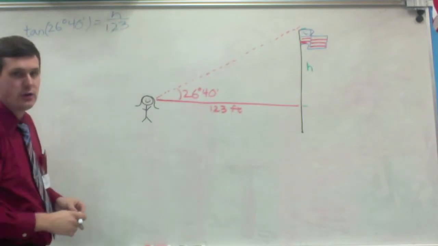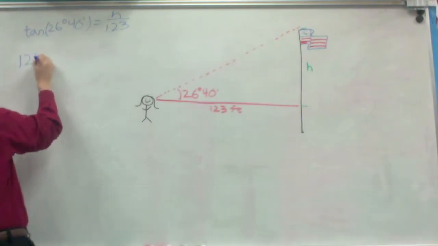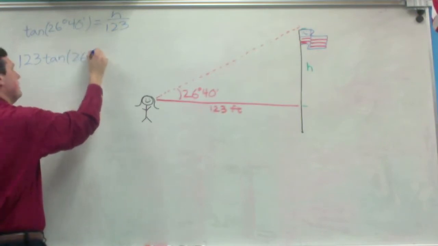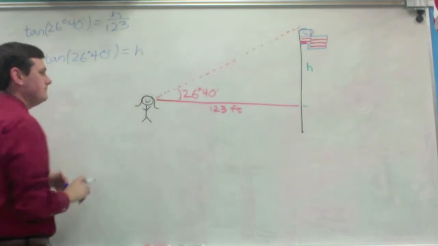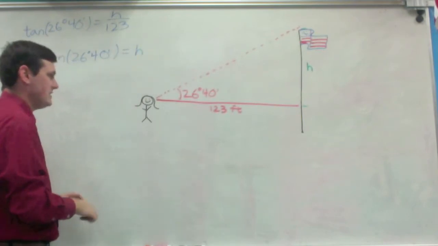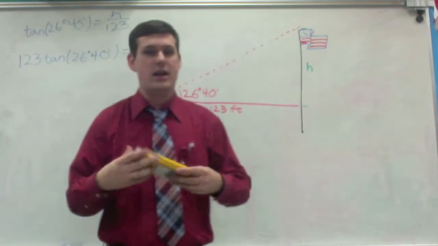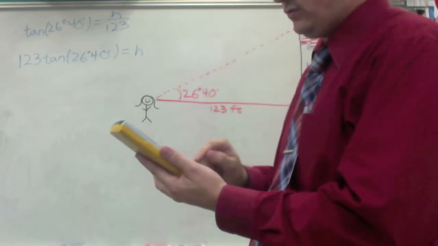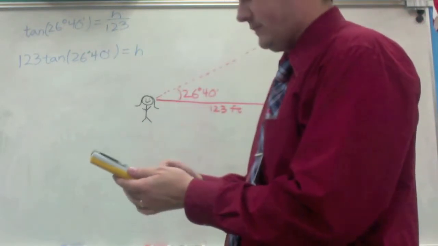Now it's algebra to solve that equation. I multiply both sides by 123. I get 123 tangent of 26 degrees 40 minutes equals h. Everything's measured in feet, so we're going to be using feet. On my calculator, I type in 123 times tangent 26.